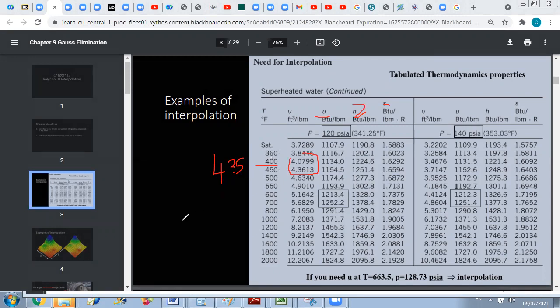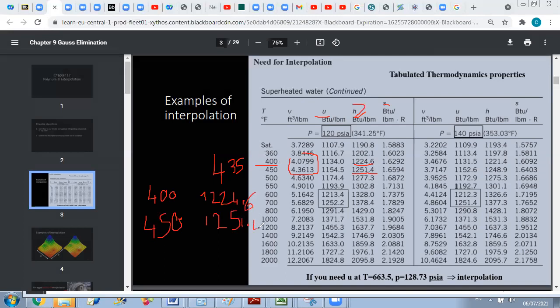So I consider the variation between 400 and 450. For example, if I want to interpolate for the enthalpy, H, I just write for T equal 400, H equal to 1224.6, and for T equal to 450, the value is 1251.4.